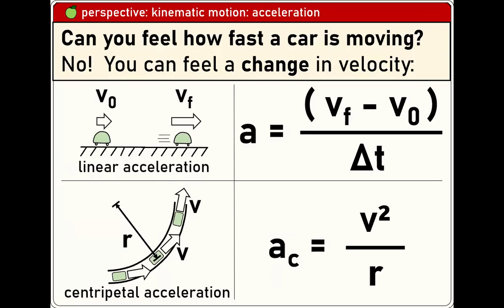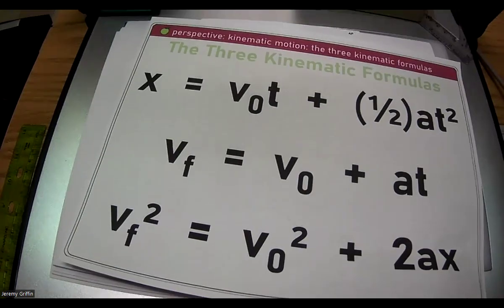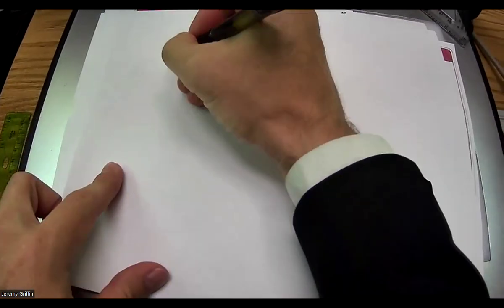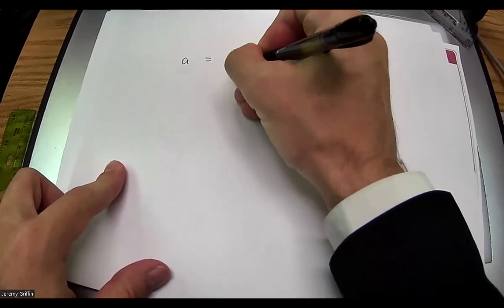Okay. So let's go back to this definition of acceleration. I'm going to do a derivation with you guys. So I just told you acceleration is the rate of change of velocity over a change in time, right?